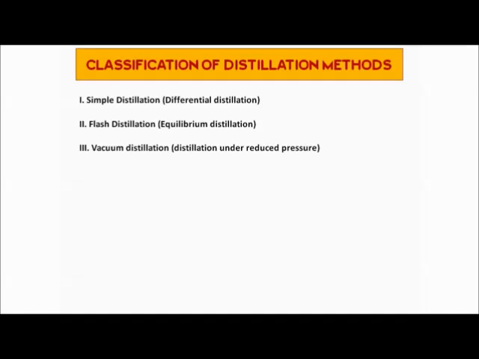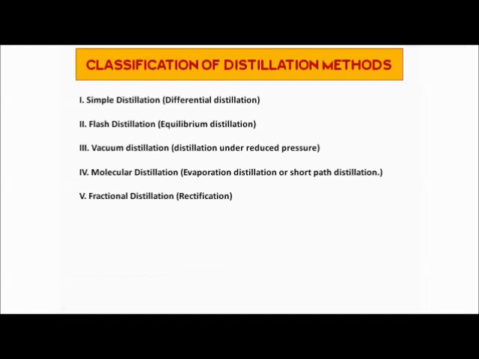Next we have vacuum distillation. We all know that when we provide vacuum, we reduce the pressure, so vacuum distillation is also known as distillation under reduced pressure. Next we have molecular distillation, also known as evaporative distillation or short path distillation.